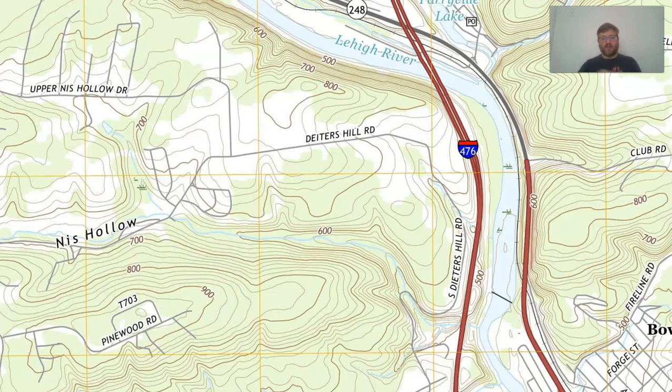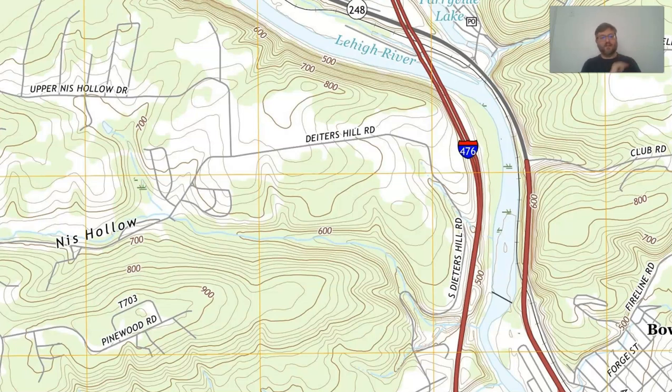So you'll see as contour lines go across that Niss Hollow stream, they're making kind of a V shape. Right? They're going to one side and then back as they cross the stream. And those V's are pointing eastward on the map, and so that indicates that east is uphill.